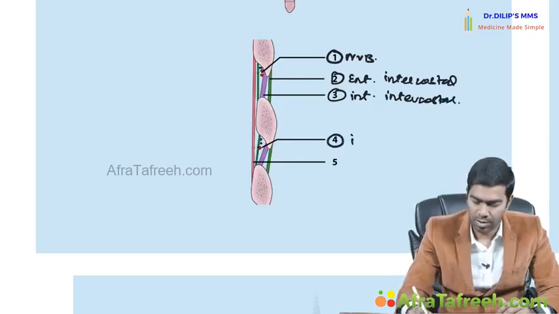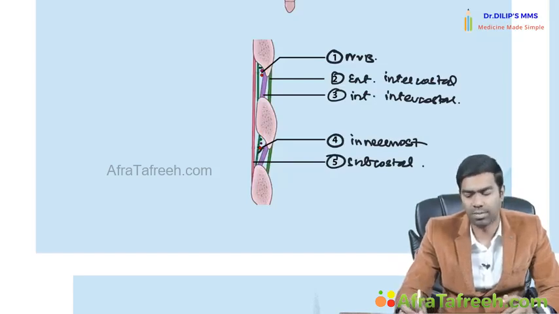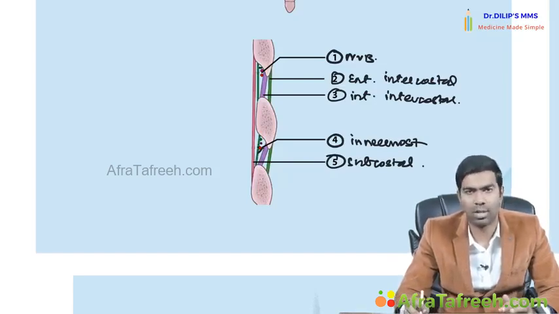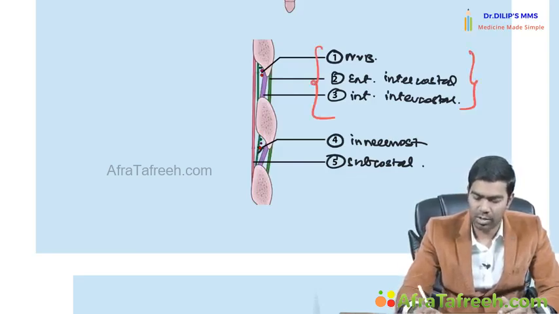Number four is the innermost intercostal. And number five is the subcostal muscle, the deepest by definition, but it's seen only in the lower ribs. It's not seen in the upper ribs. So by definition, these three contribute the most to the intercostal space and are the most important structures of the intercostal space.